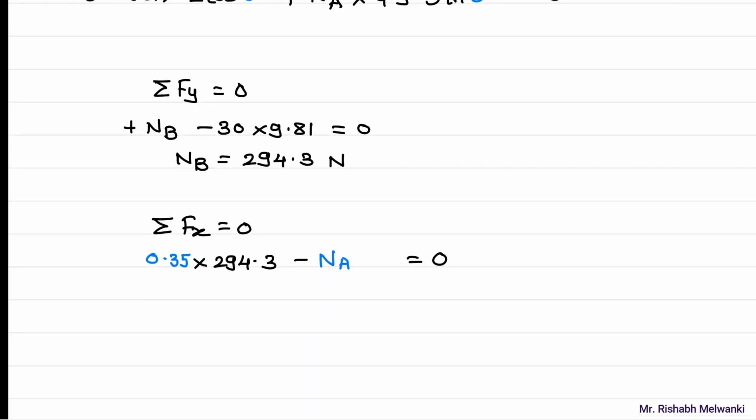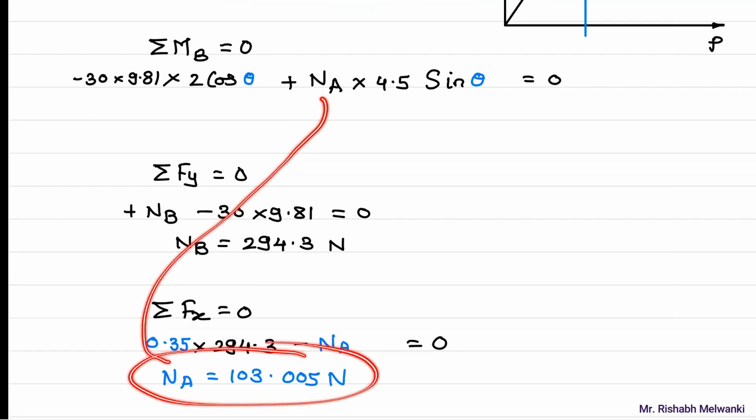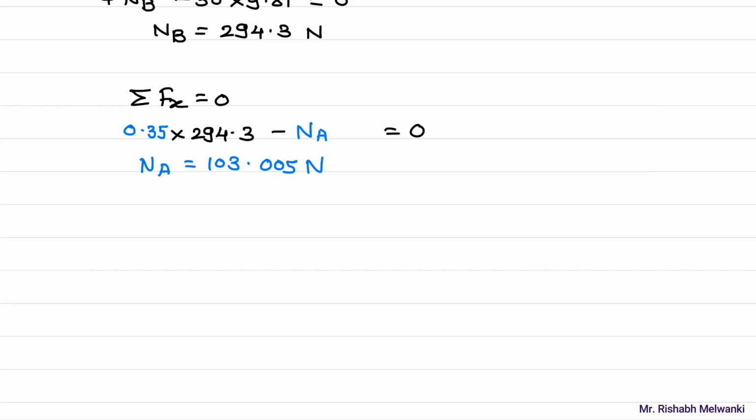So from here I can find the Na value, which is equal to 103.005 Newton. And if I substitute this Na value in this equation, I can find the value of theta. So the theta value I will get as 51.77 degree.